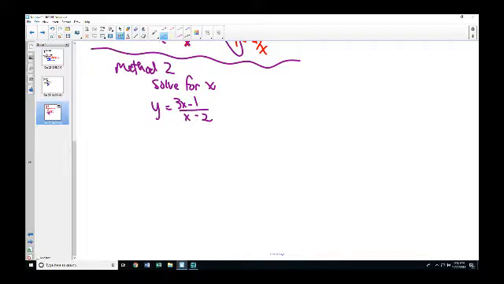So this is an algebra problem. Solve for x. These can get a little messy, but if you multiply both sides by x minus 2, these are eliminated, right?